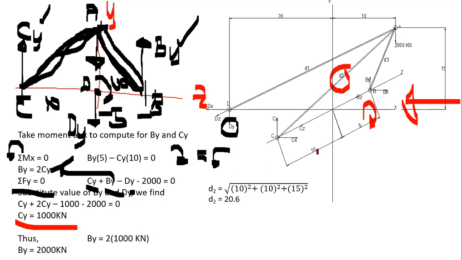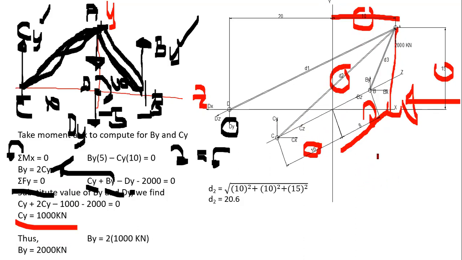Itong distance along x na 10, tapos along z I should say. Or start with the x, which is where's the distance along x? Ito yung x-axis. So from this one, going here is x-axis, which is equal to 10, ang distance. Y, itong y, going down, which is 15. Okay? And Z going here, which is equal to 10 also.